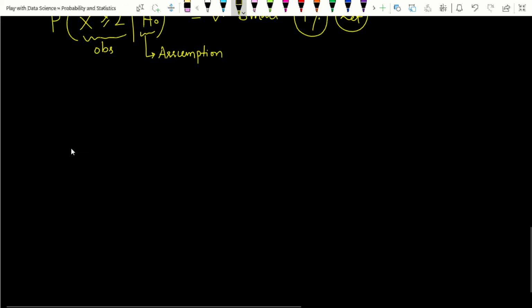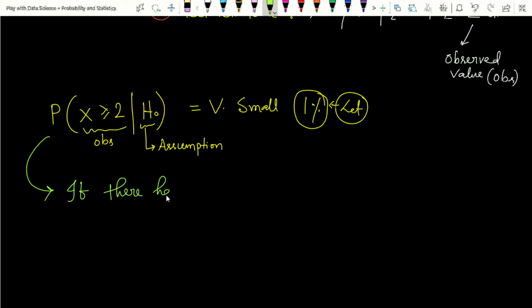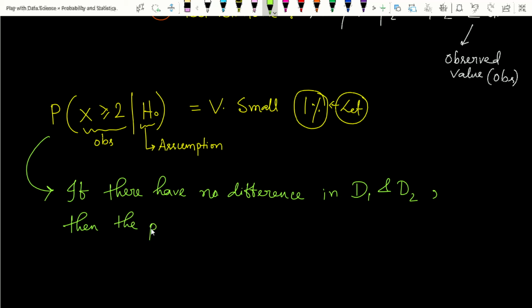If you write this in English, the literal meaning is: if there is no difference between these two medicines, drug 1 and drug 2, then the probability of observing a test statistic greater than or equal to 2 is very small. As an example I have taken 1%.